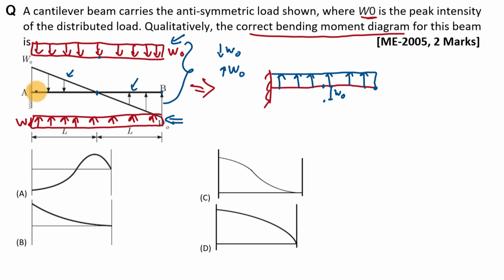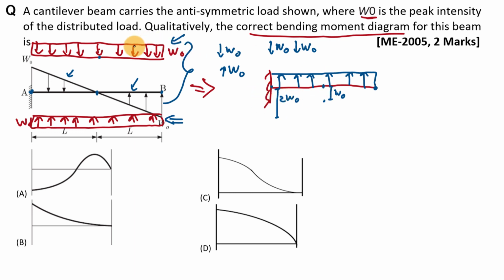And now at point A, you can see that this uniform distributed load is in the downward direction having value W0, and this distributed load is also in the downward direction having value W0. So at this point, the total distributed load will be 2W0, right?